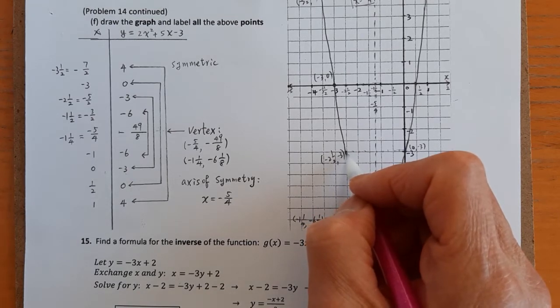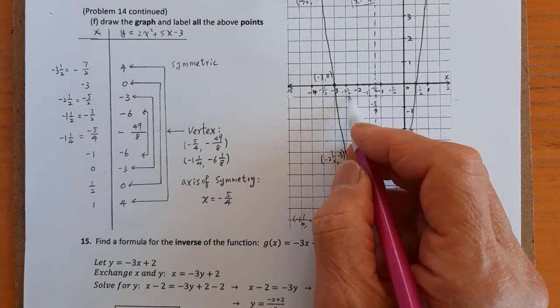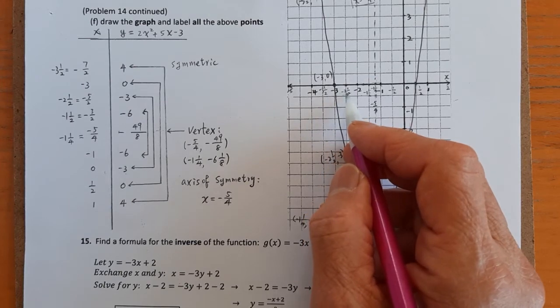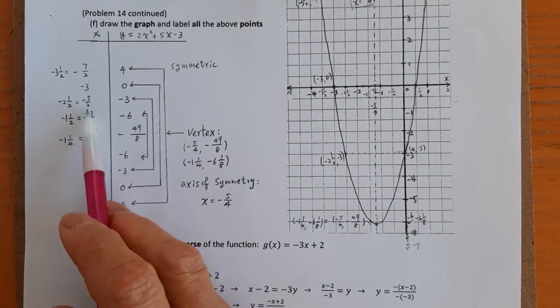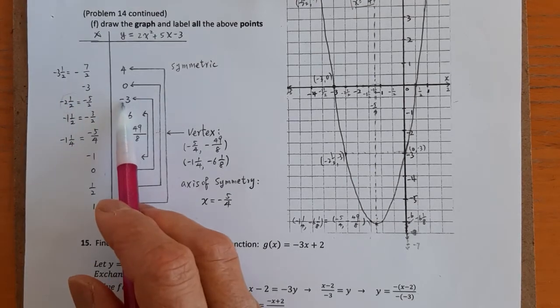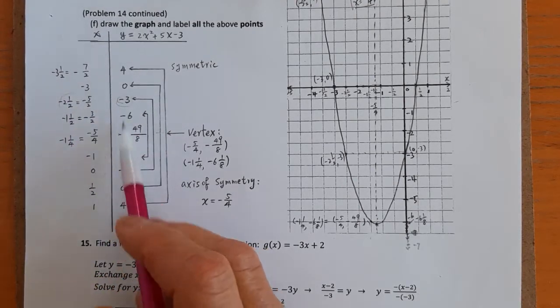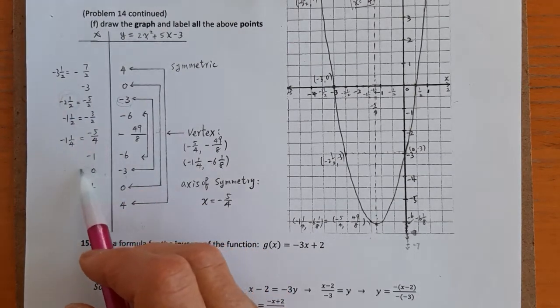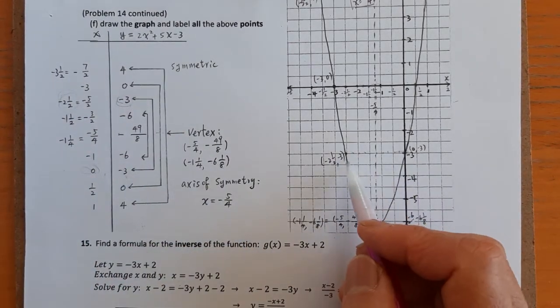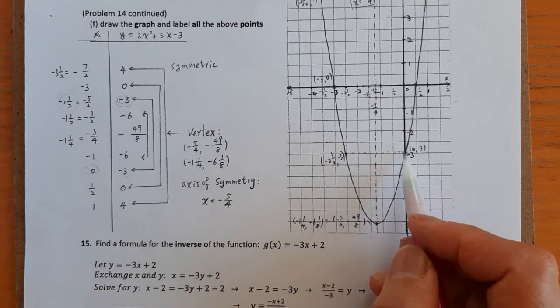You got that one is negative 2 and 1/2. Between negative 2 and negative 3 is negative 2 and 1/2. Also negative 3. The two are symmetric, same y value.